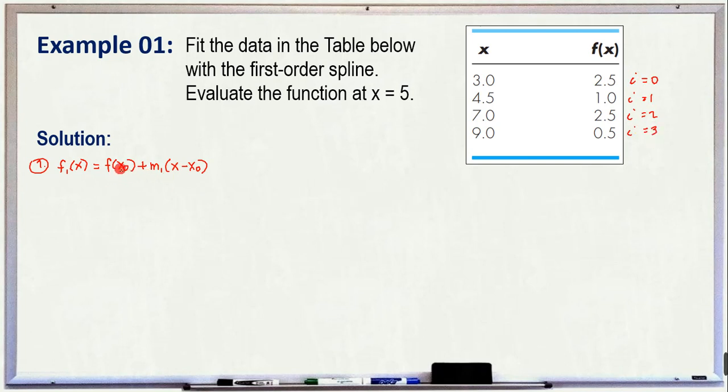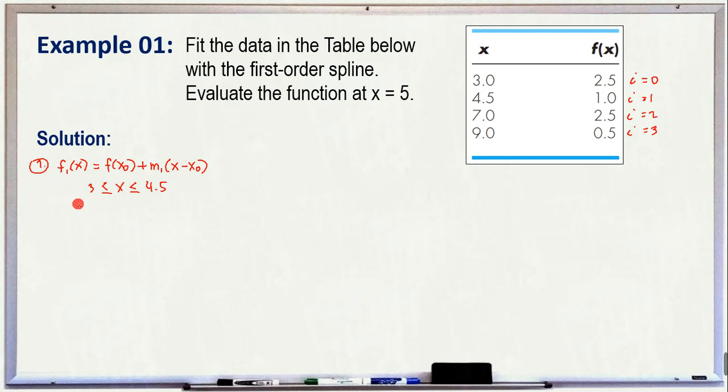So this x naught is 3. Now, don't forget to write the interval. That is 3 less than or equal to x less than or equal to 4.5.